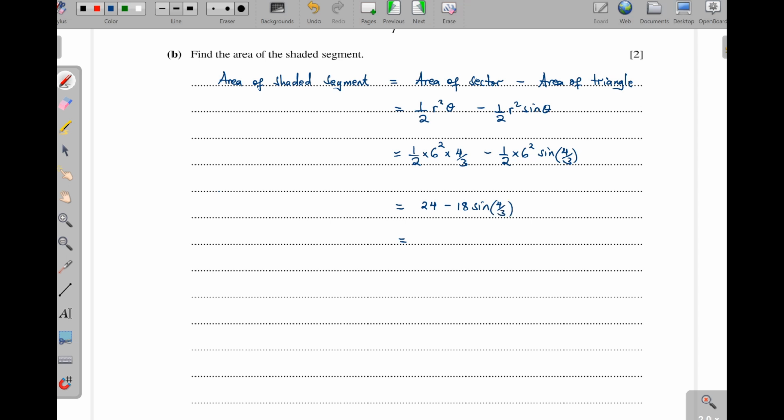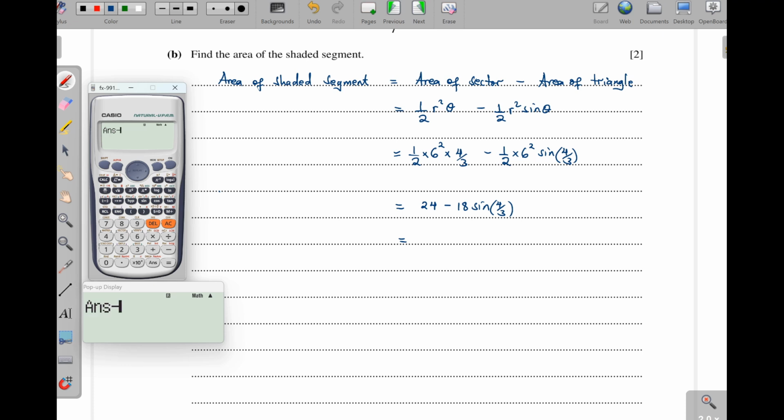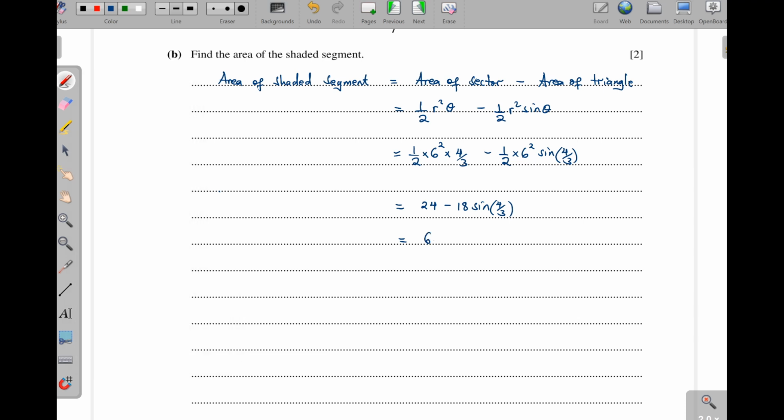So what do we get? The 24 we have here minus 18, then sine of 4 over 3. So this one will be 6.51 centimeters squared. This is to 3 significant figures.